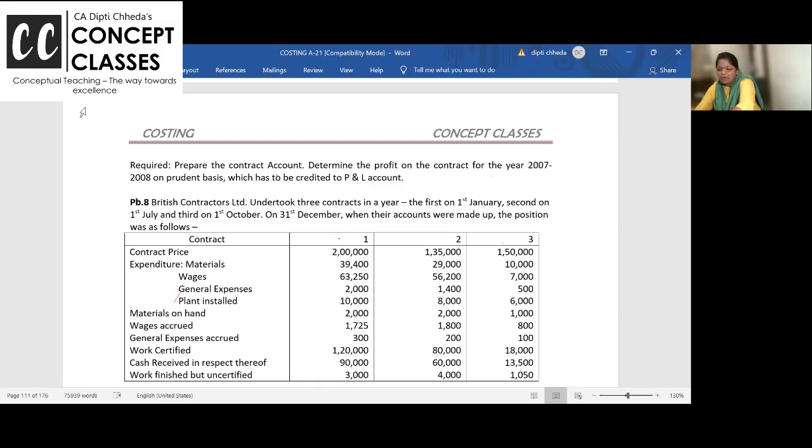Let us prepare the contract account first for one financial year, and then they have asked you to calculate the estimated profit also.